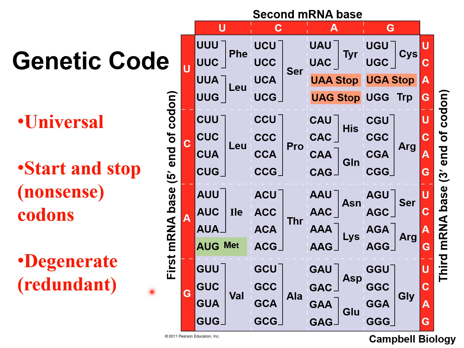Okay, so how you use this genetic code table. So let's say that you had the messenger RNA codon of CUU, like we had on our last slide there.